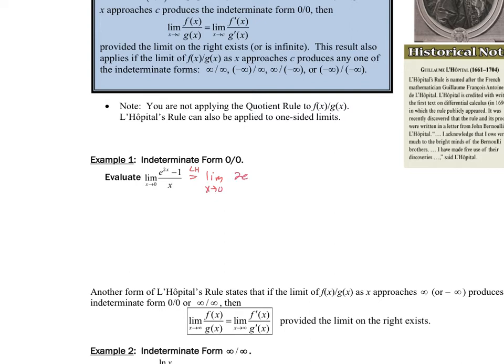Then I'm going to take the derivative of the numerator and the derivative of the denominator, and rerun it. So if I evaluate now, e to the 0 is still 1, but now I've got a numeric answer. And if you want to graph this and look at what happens as you get close to 0, you will be approaching 2.